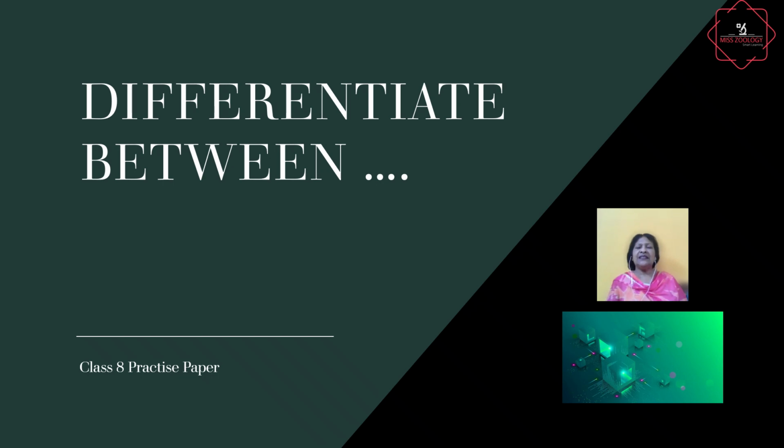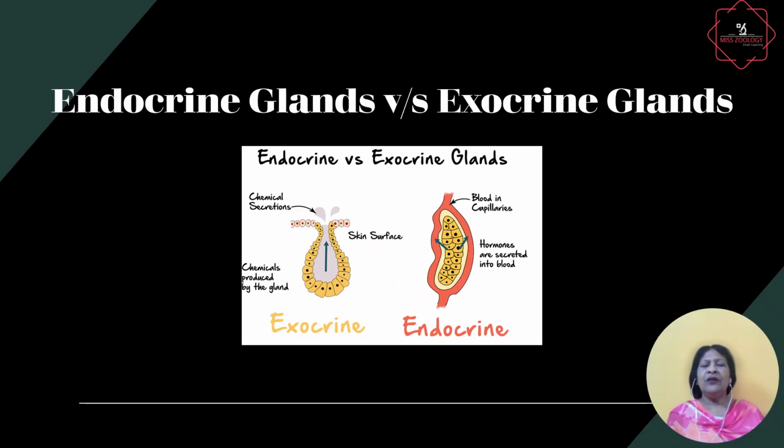Let's take examples and then prepare you for such questions to be attempted. Here on the screen you can see you have to differentiate between endocrine glands versus exocrine glands.